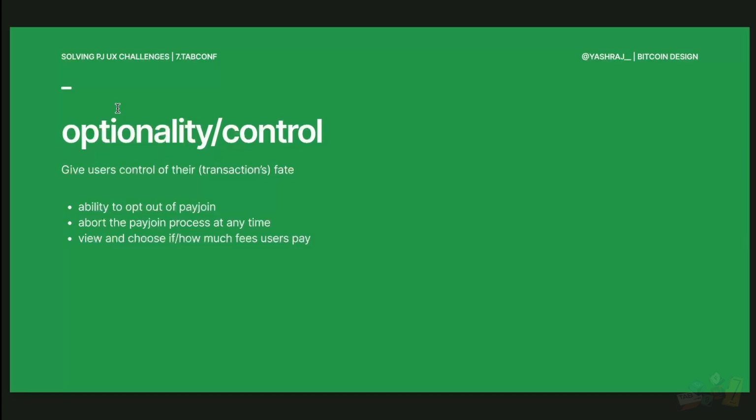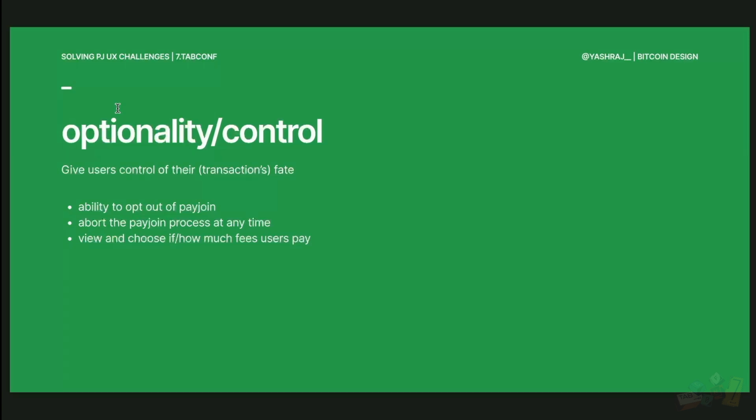Payjoin activated. Wait a second, what? So allow users to abort the Payjoin process at any time. BIP 77 has that. You can broadcast a fallback transaction at any point. That's awesome. Tell the user they can do that, and also help them do it.